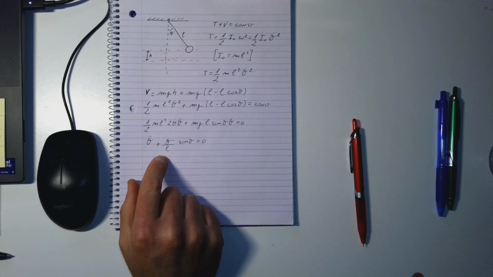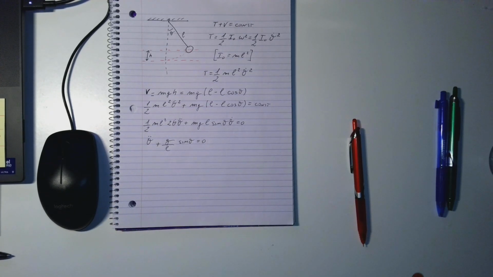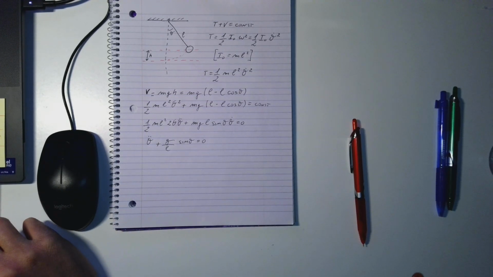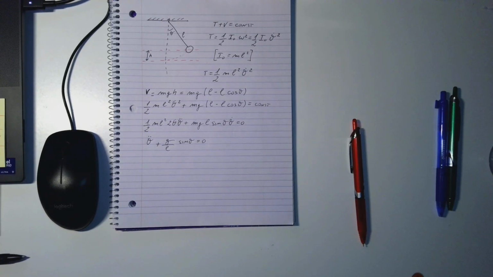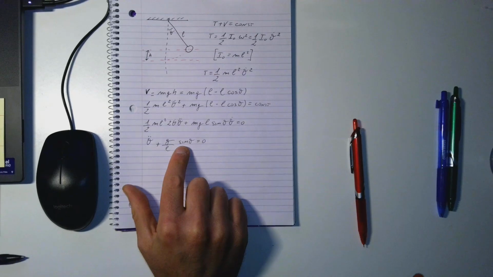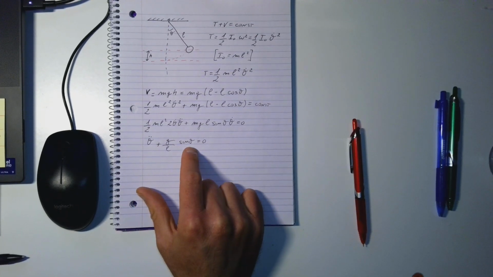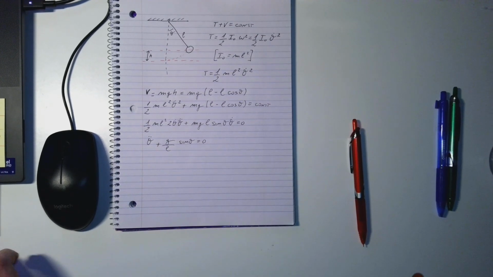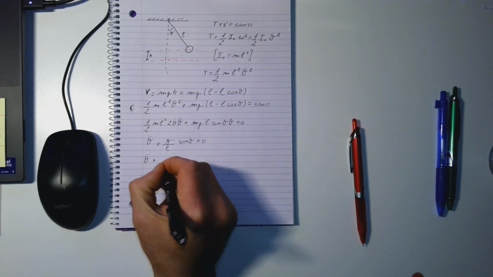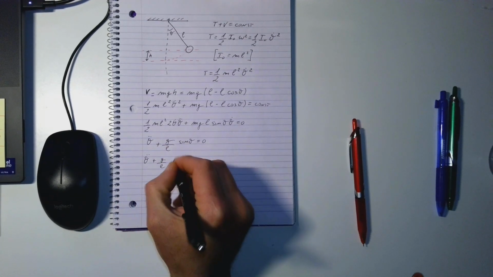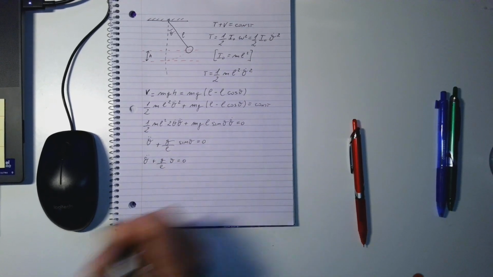Even in this case, we can do the same assumption that we did when we found this equation the first time. We can assume that we are in a condition of small rotation, small angular deflection, which means that we can approximate sine of theta with theta. If we do that, what we obtain is theta double dot plus g over L theta equal to 0.